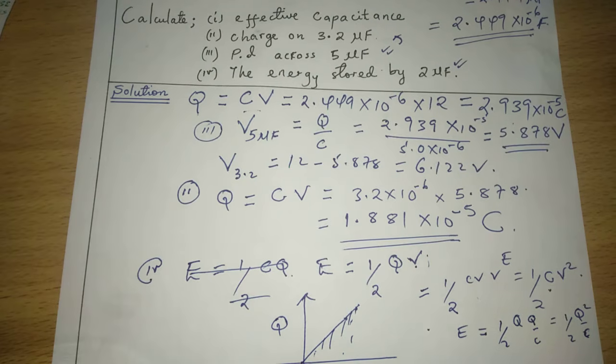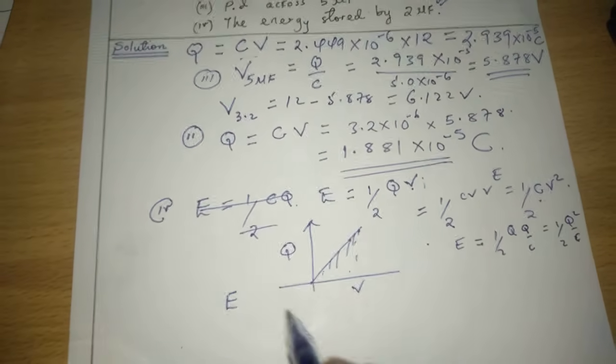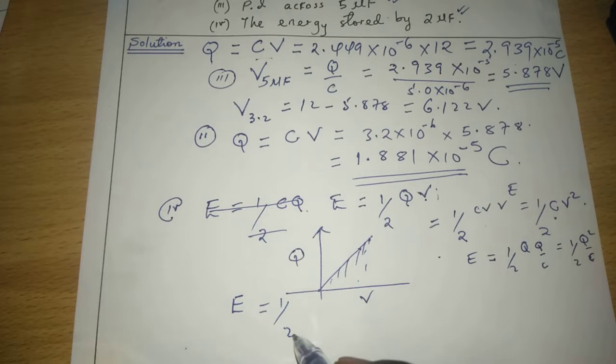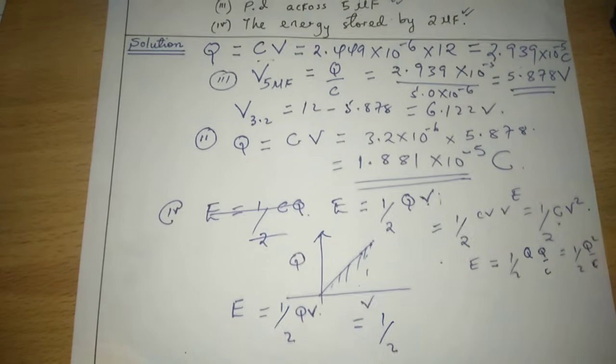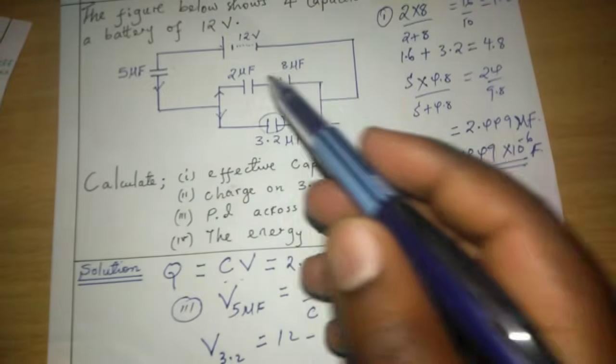Therefore, let me prefer the first formula, where energy is given by half QV, such that we can use half, and Q is the charge flowing in these.